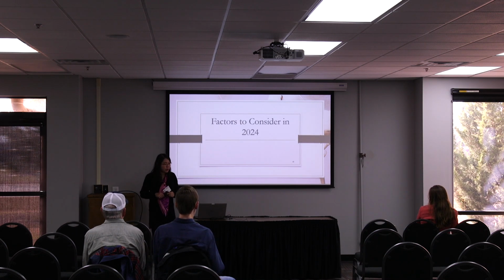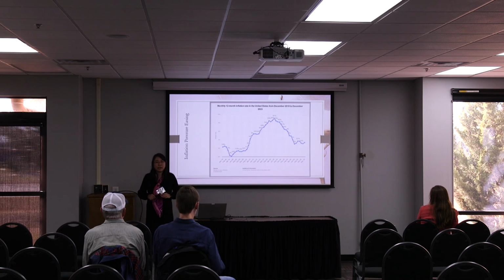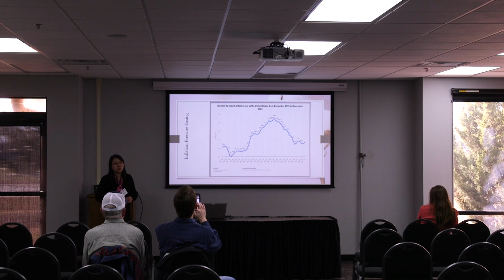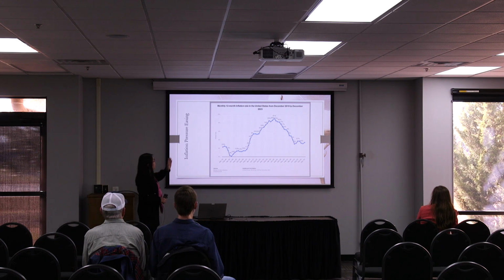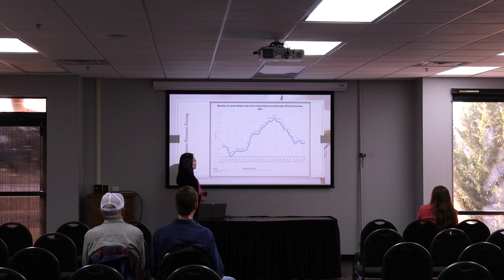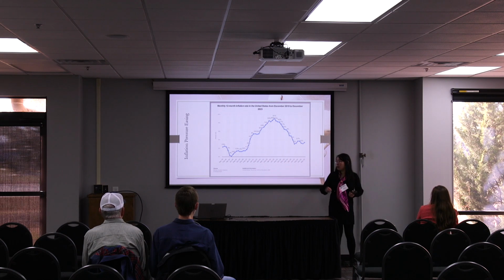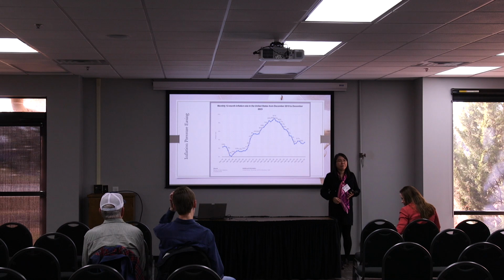So let's shift gears a little bit to some factors producers need to consider for 2024. One part is inflation. As Amanda mentioned, the Fed was able to control inflation. Inflation has eased from the peak of 9.1% to around 3% currently. What concerns me a little bit is the upward rise in December's inflation rate.